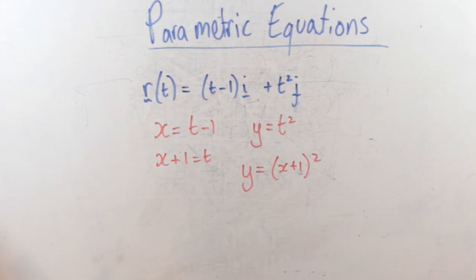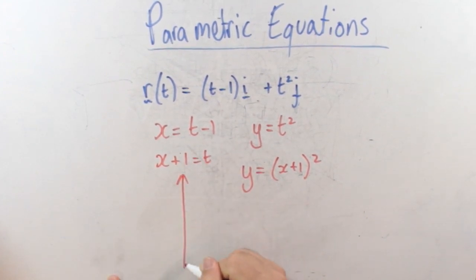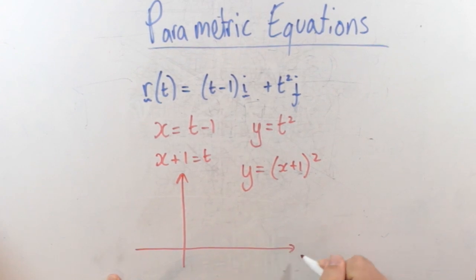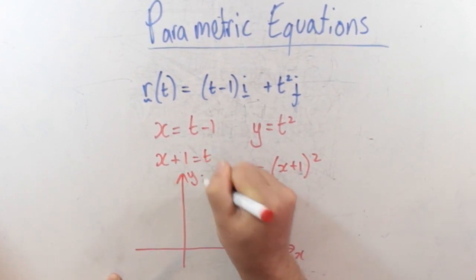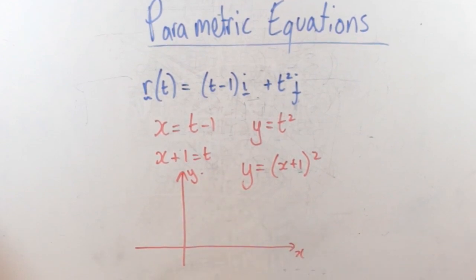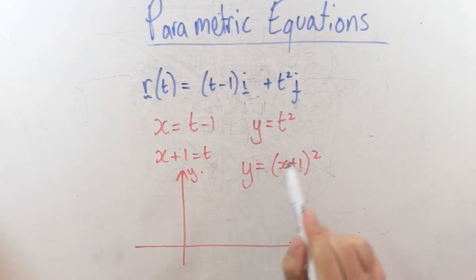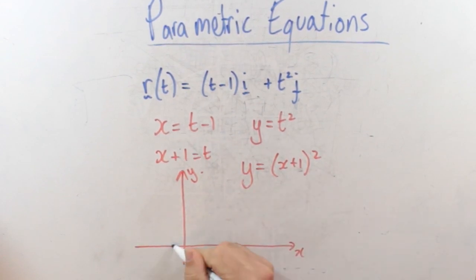It's a parabola. Now, if we were going to draw this, we've got to make sure we take into consideration the t. Okay, so at t equals 0, time equals 0, we get x equals negative 1 and y equals 0. So this point, we'll write that as a coordinate.